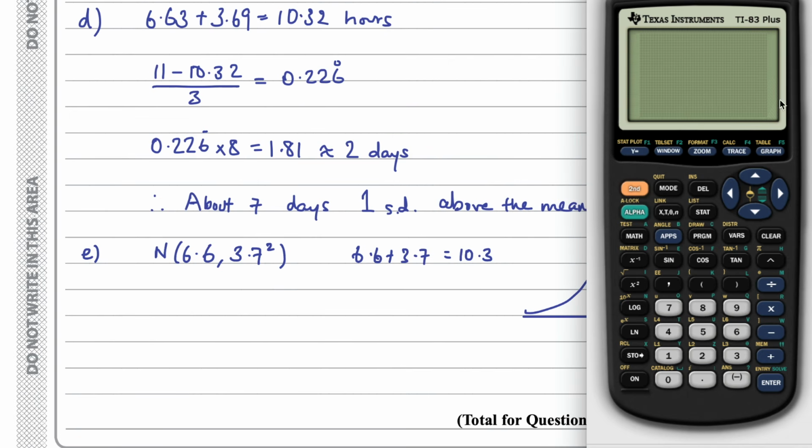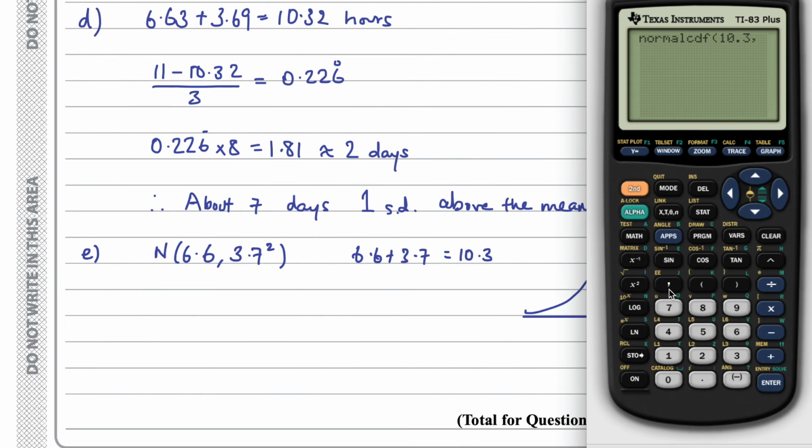So bring up your calculator, and there should be a distribution button somewhere. So on this TI-83, it's above the vars key. So I need to go to second function vars, and it brings up this list. Normal CDF is what I want. So go down to 2, press enter. And the syntax for this is the lower value, the higher value, and then the mean and standard deviation. So my lower value here is 10.3.